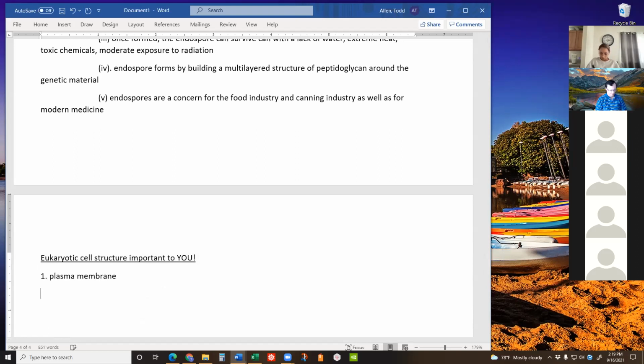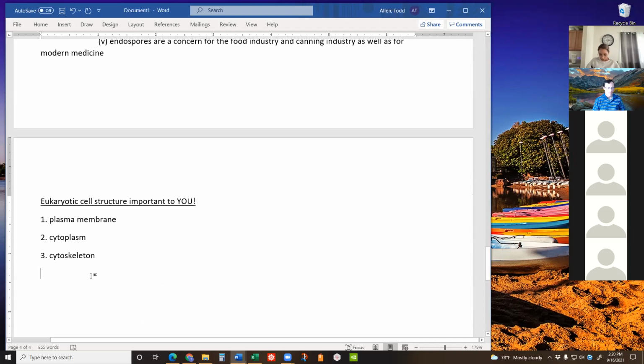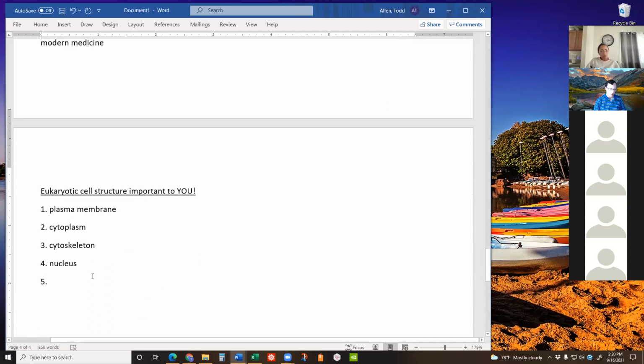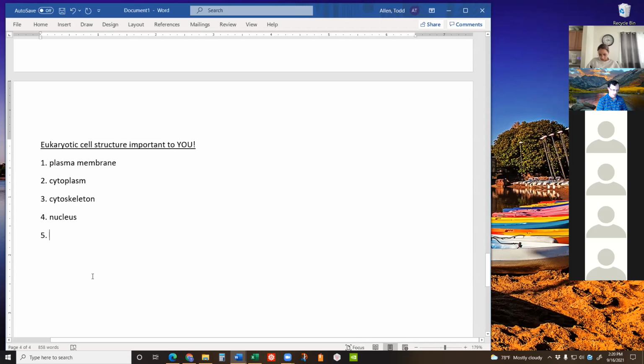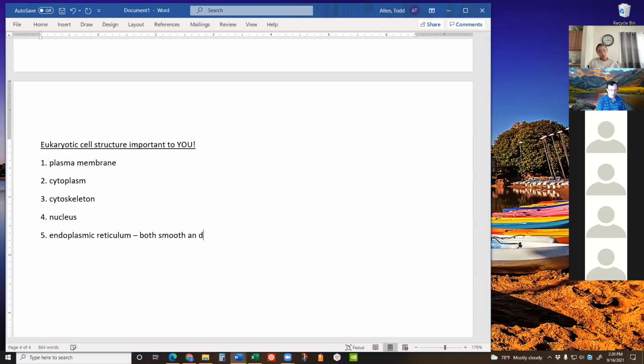Plasma membrane, cytoplasm, cytoskeleton. You should certainly know the nucleus, which is not the same thing as the nucleoid region. You should know the endoplasmic reticulum. Endoplasmic reticulum is not found in bacteria. We didn't talk about it, right? So endoplasmic reticulum, both the smooth and rough varieties.